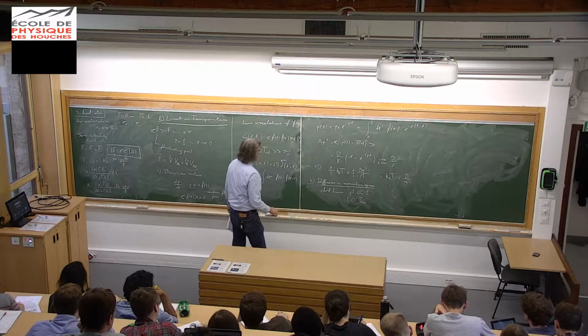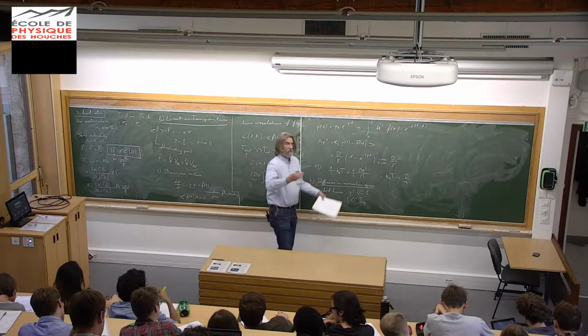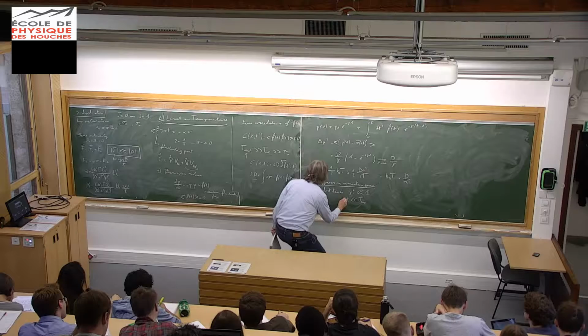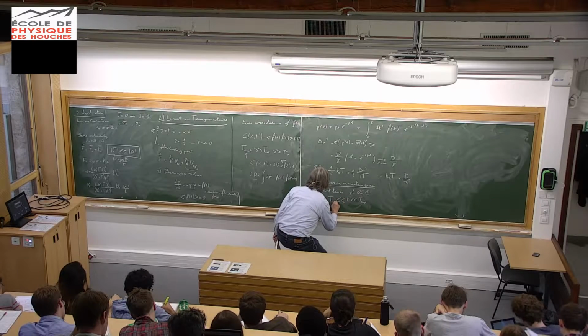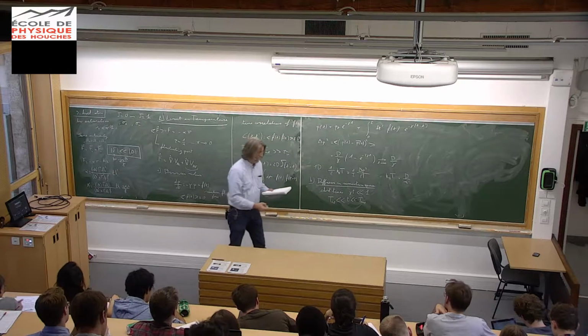But I also want to have mean values at the atomic scale, so I will also consider that this time is longer, or at least equal to the internal time scale.